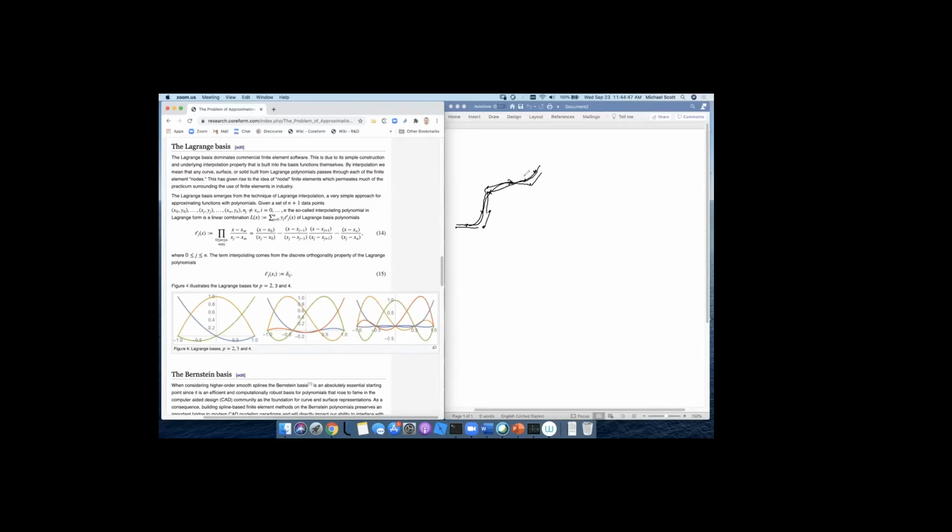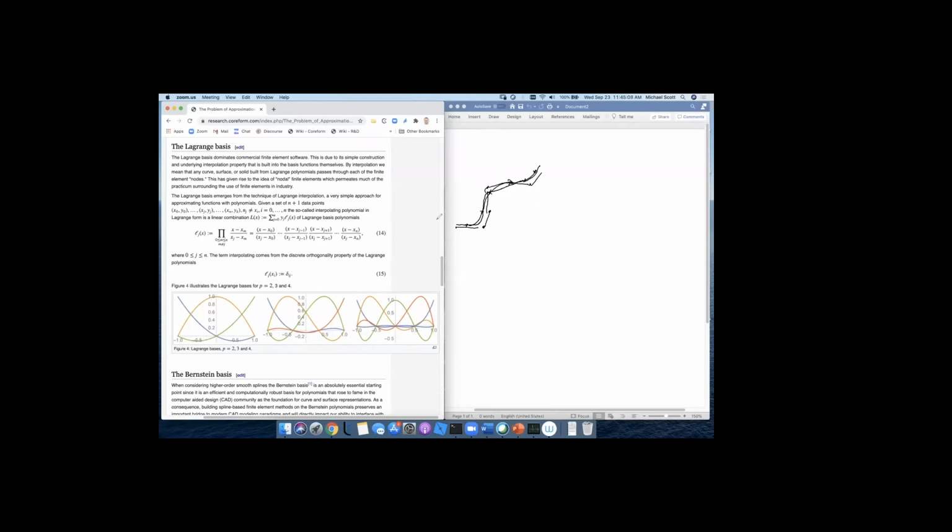And under h refinement, the convex hull converges to the curve, and the approximation has to remain inside the convex hull of these points. So in other words, the fact that the convex hull polynomial converges means that the oscillations converge.